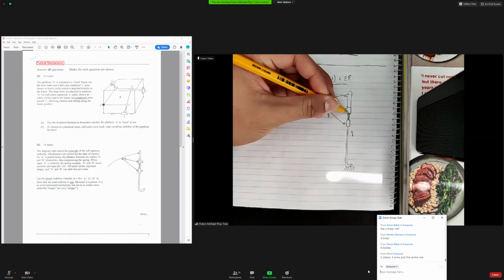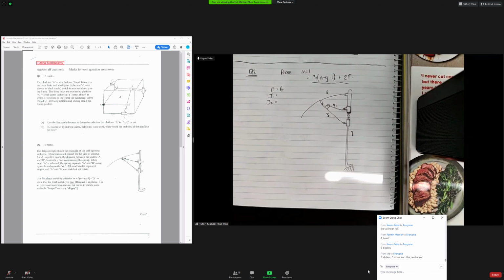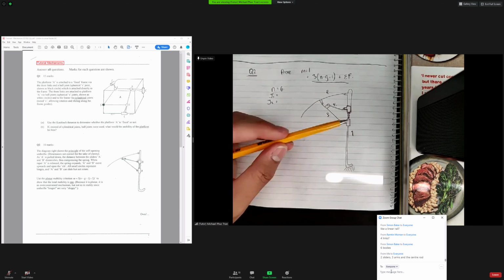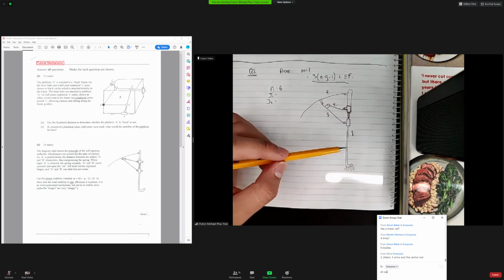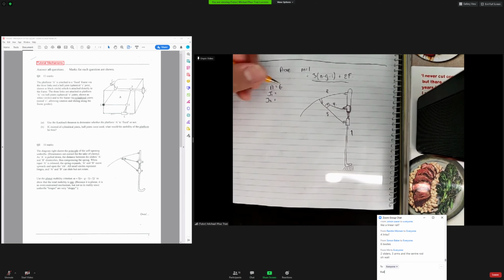So this part there counts as a solid body, because we defined a link as a body that connects 2 bodies. 2 sliders, 3 arms, and a center rod. Yep, cool. I'm happy with that.